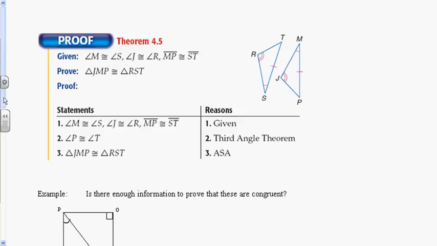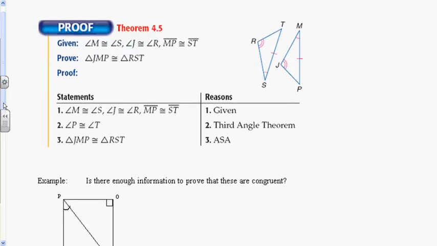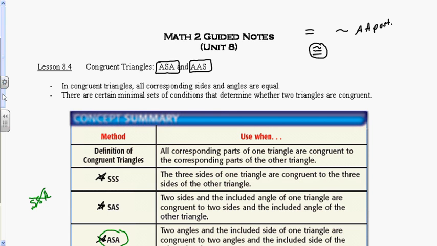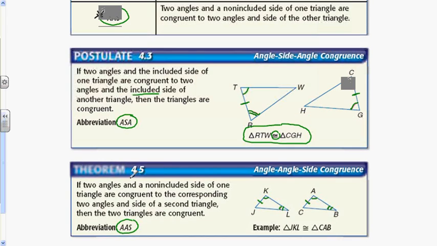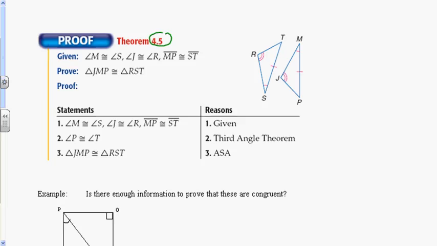Here's a short little proof just to show you that theorem 4.5 works. In theorem 4.5, again, numbers really don't matter. It just depends on the book. But we are talking about angle angle side. So we're trying to prove angle angle side. In other words, we're trying to show that that information is enough to show congruency.